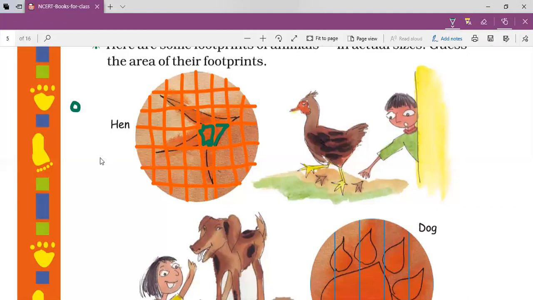Then after that, what we have is the half filled area. So this is a half filled square. This is also a half filled square. This is a half filled square. Yes or no? See it properly. This is also a half filled square.